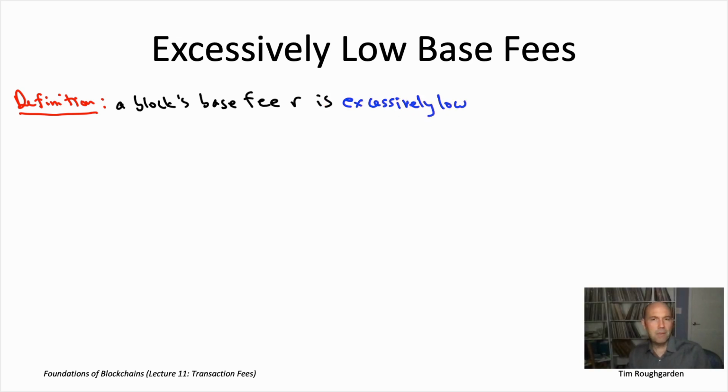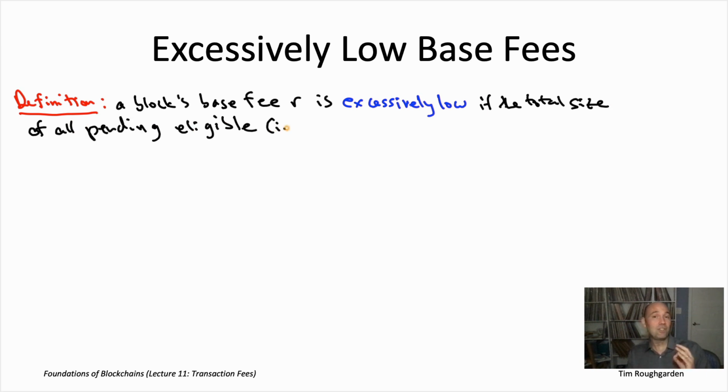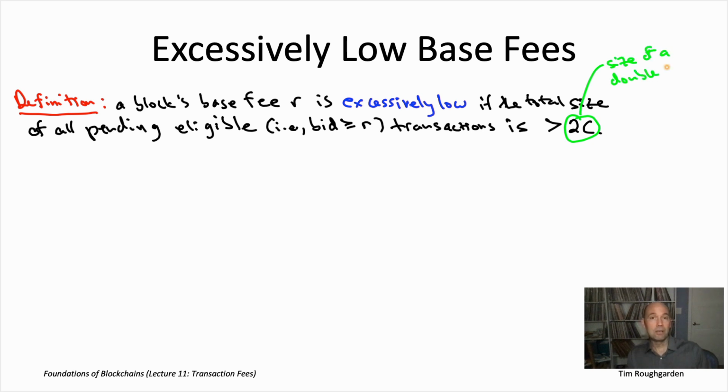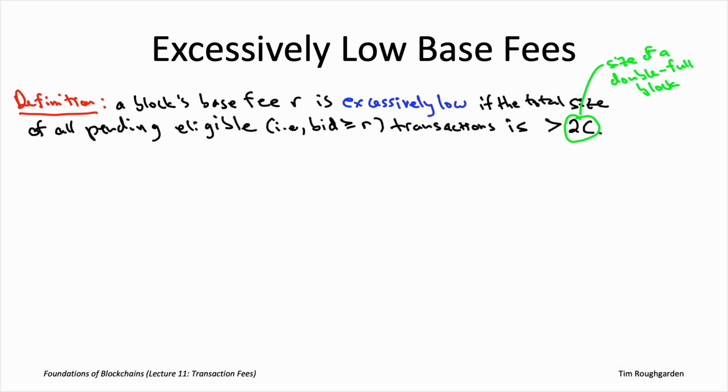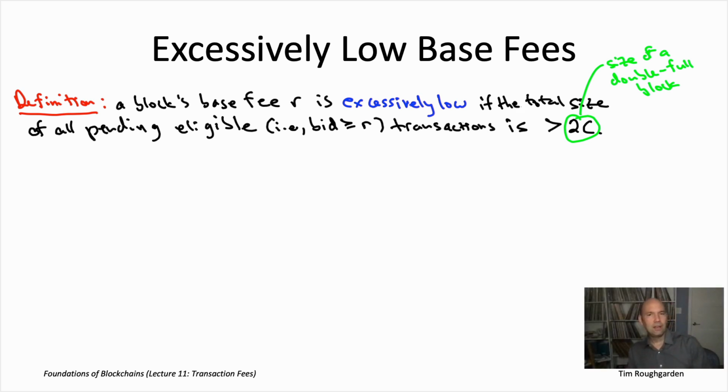By definition, a base fee will be called excessively low if the total size of the eligible transactions at that base fee, meaning the total size of all the transactions that have bid r or more, the ones that could potentially be included in the block, exceeds even the size of a double full block, exceeds even 2 times the target size capital C. That's when we call the base fee excessively low.